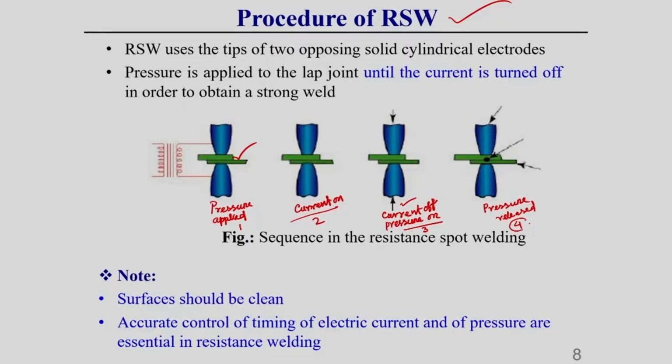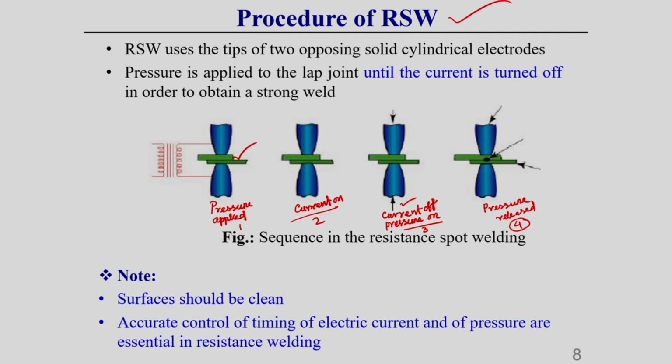Here our electrode remains at a particular location and we move the workpiece. So in the pressure release step, step 4, we move the workpiece to another position, where another spot is to be made.